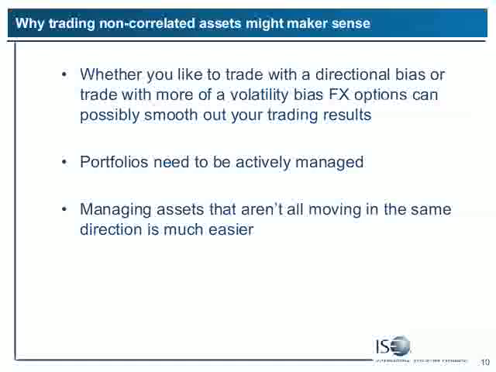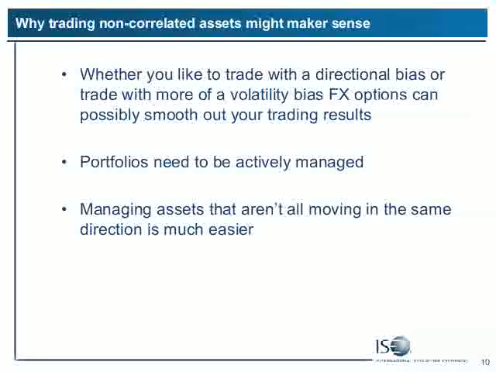So let me go through why trading non-correlated assets might make sense. Whether you like to trade with a directional bias, which means you like to select the market going up or down, or trade with more volatility bias. Again, that's been the way of the markets recently, very, very volatile. Either way, you can smooth out your trading results.